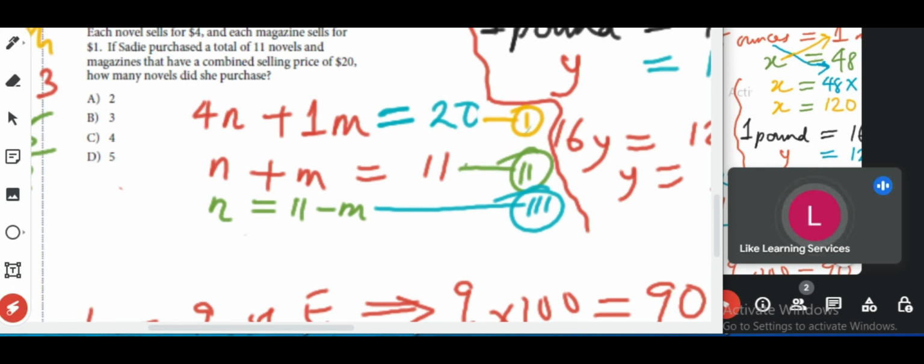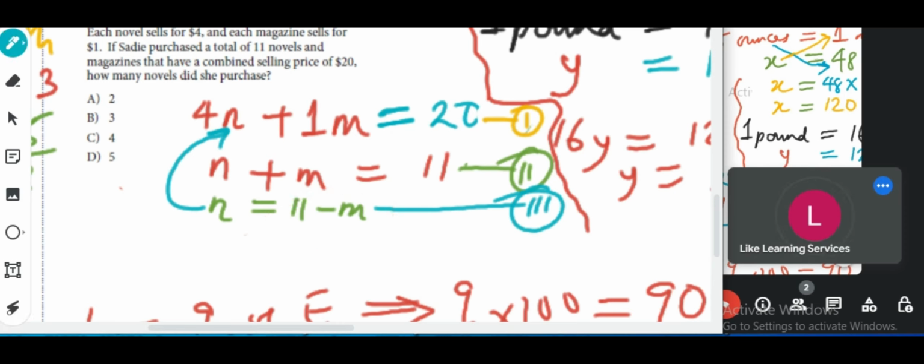Carry this equation 3 and put it into equation 1. What it means is any place you see n, what are you going to write? Whatever is representing n. What is representing n? 11 minus m.